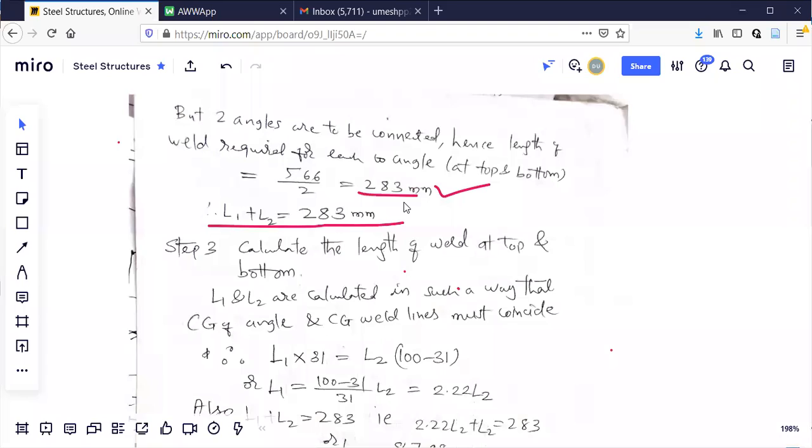How much is top, how much is bottom out of 283? That comes in step number 3, which is again very simple. Look at this formula here. Calculate the length of weld at top and bottom.